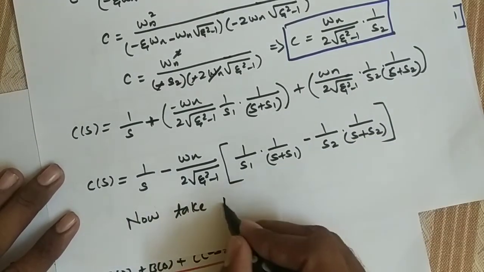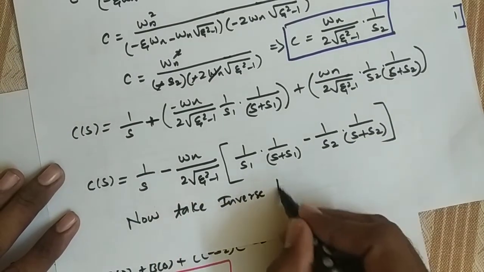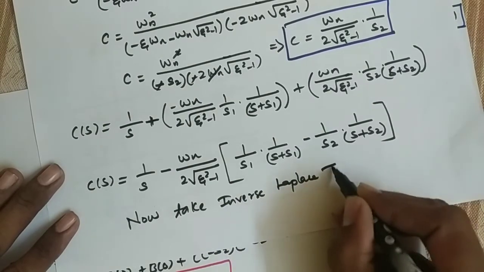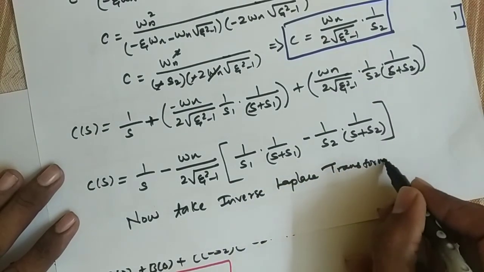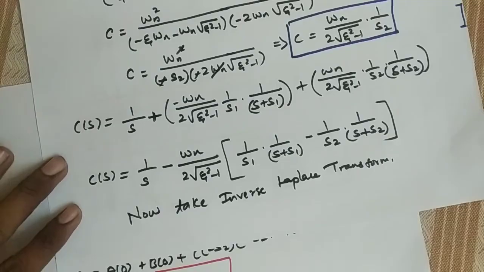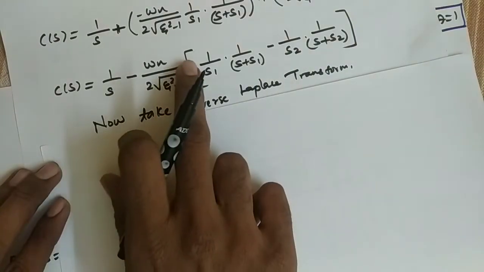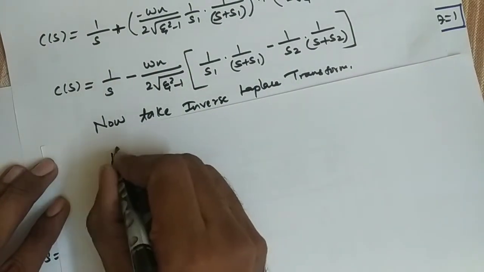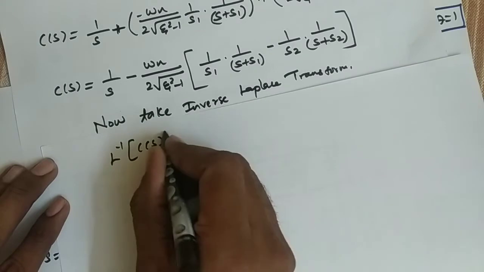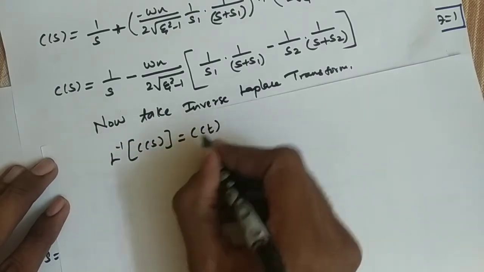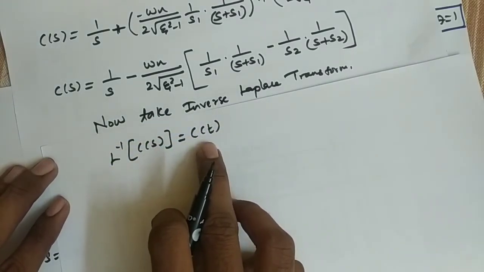So take the inverse Laplace transform now. For this equation I am going to take the inverse Laplace transform. So Laplace inverse of C of s is C of t. This is what we need, is it not?